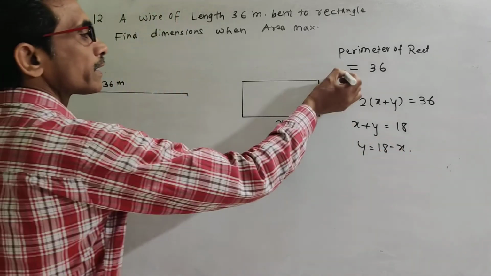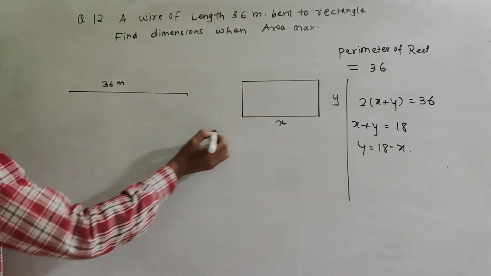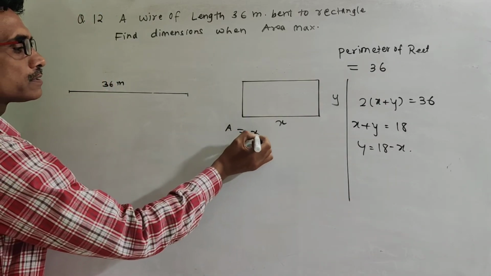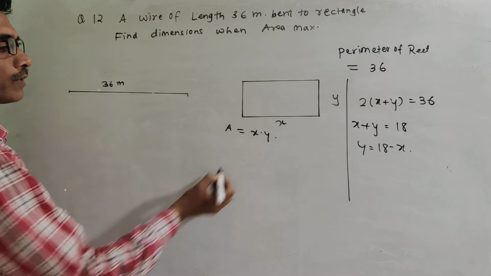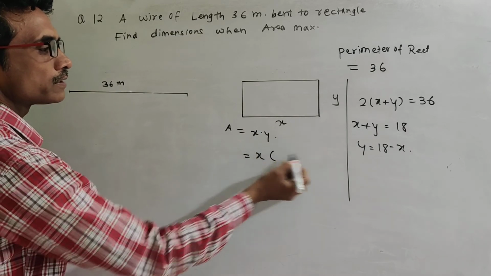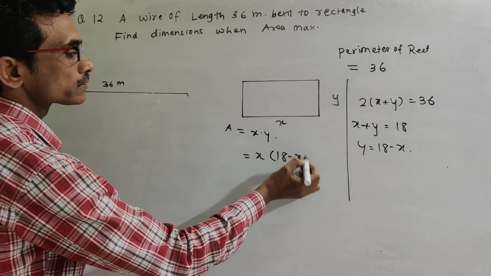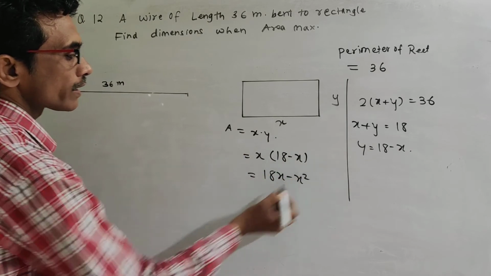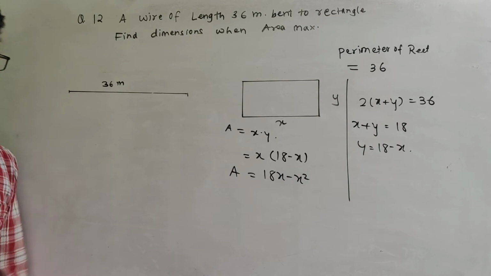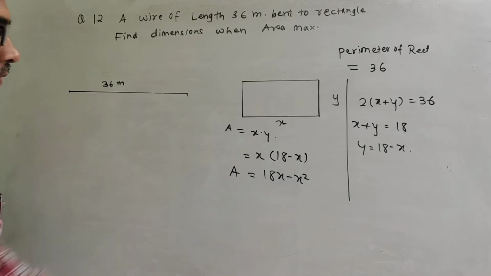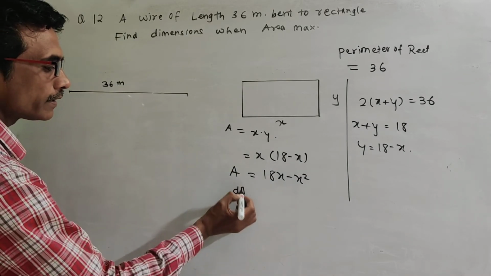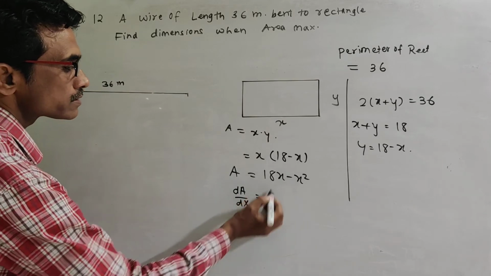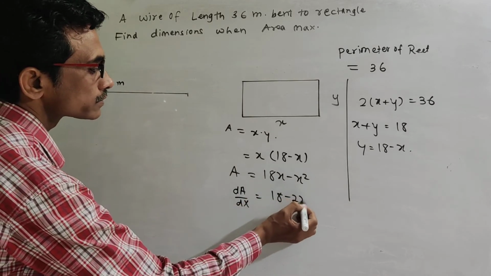Now the area of the rectangle is x into y. With x as it is and y as 18 minus x, we get A equal to 18x minus x square. We differentiate this with respect to x. So dA by dx is equal to 18 minus 2x.